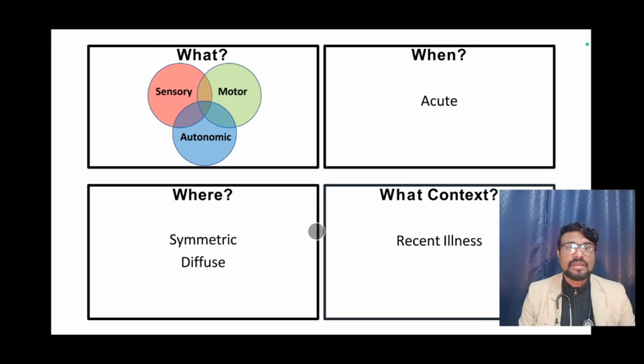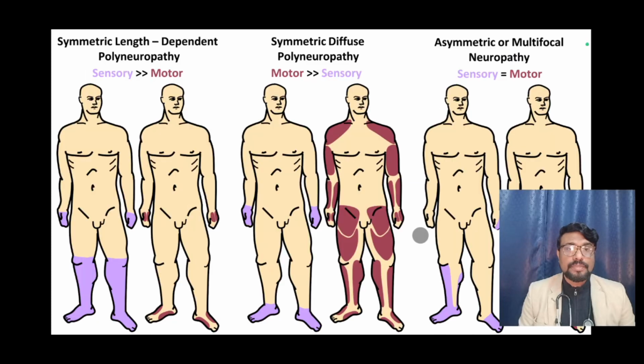How? In this case, first, what is the lesion? What is the presentation in our patient? It has motor, sensory, and autonomic manifestations. It is an acute presentation, and it is a symmetrical and diffuse presentation with a recent illness 2 weeks ago.